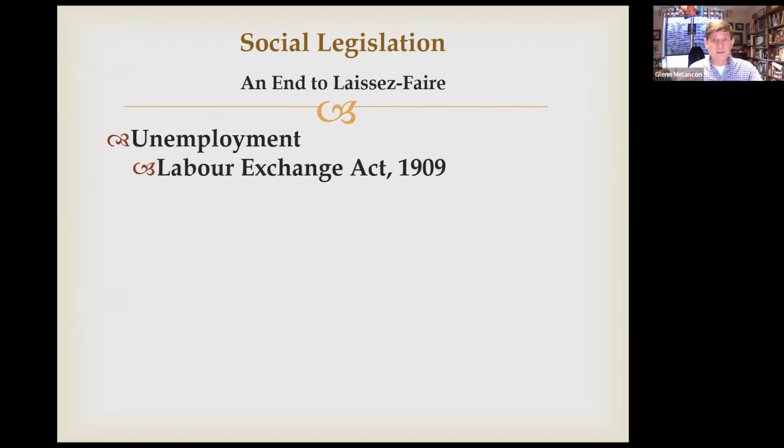So one of the things to help with unemployment was to create a labor exchange act so that workers could find jobs wherever they are in England. But that wasn't enough. And so workers demanded and got national unemployment insurance in 1911.